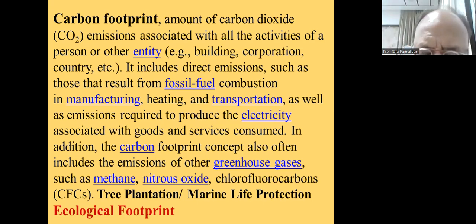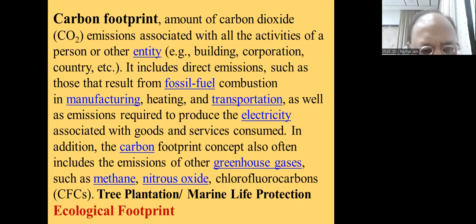All these use fossil fuels and generate carbon dioxide. But it is not only carbon dioxide that makes the greenhouse effect, but other greenhouse gases too, like methane, water vapor, chlorofluorocarbons, nitrous oxide, sulfur dioxide, and others. When we define the carbon footprint, these emissions are also included.